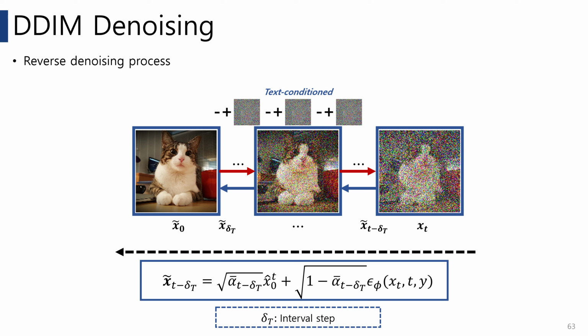By following the noisy latent trajectory created during DDIM inversion in reverse, the process repeatedly alternates between denoising and noising until it reaches the multi-step pseudo-GT x tilde 0.